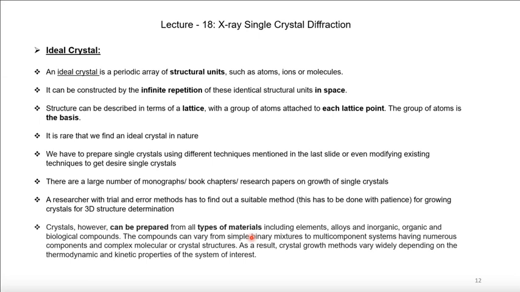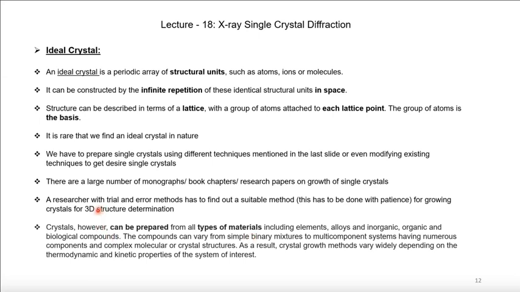It is rare that we find an ideal crystal. Very rare, almost never. We always get defective crystals or crystals with impurities, and then in the laboratory we try as much as we can to get a pure single crystal.